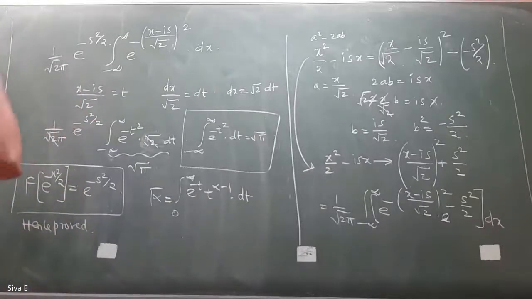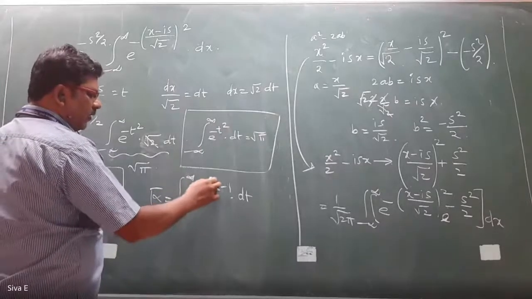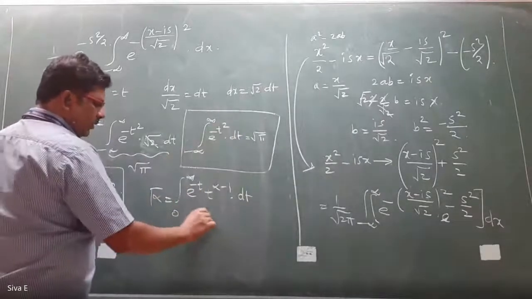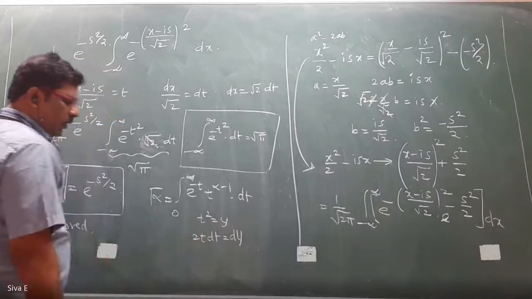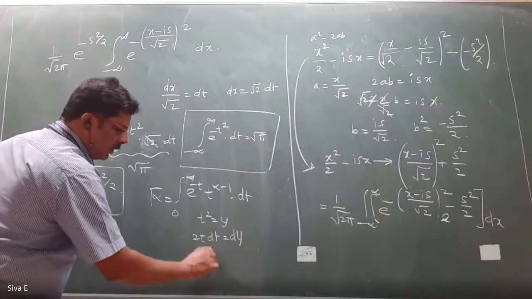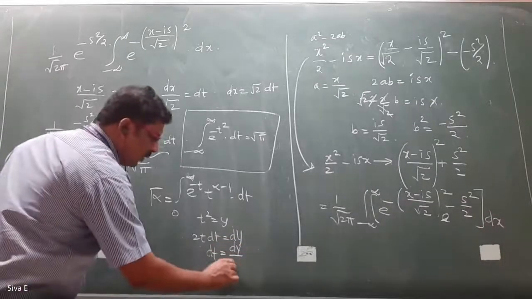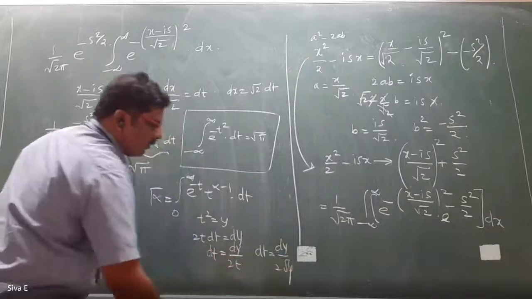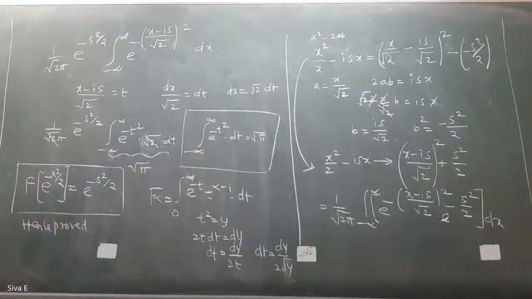In case you take t square as some y, 2t dt equals dy, so dt equals dy by 2t, that is dy by 2 root y. You have to substitute here, and then you will get gamma of 1 by 2.